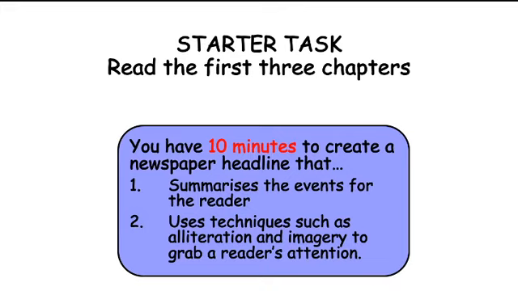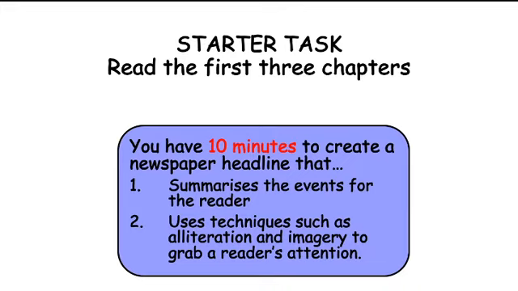Now, like most newspaper headlines, I'd like you to try and use some techniques such as alliteration and imagery to grab the reader's attention. Just to refresh you, alliteration is when all or most of the words start with the same sound, a bit like a tongue twister, like Peter Piper picked a pickle peppers.